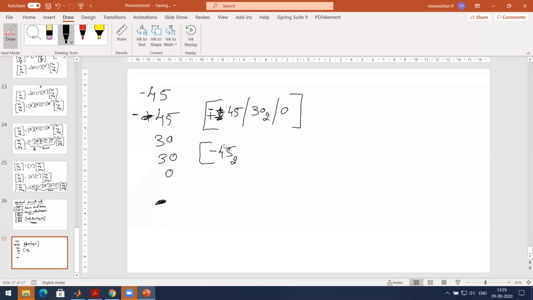What if minus 45 is repeated two times and plus 45 is repeated two times? Then you write them separately. If there is a 45 here, you write it separately, because only minus 45 is repeated two times.